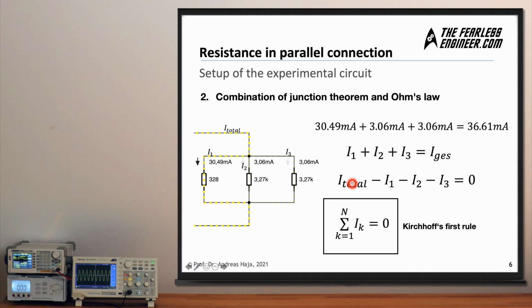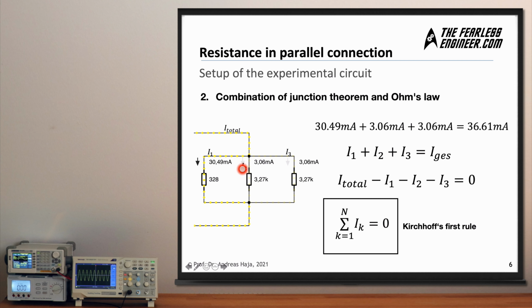This is the application of the junction rule to the node K1, or to the junction K1 here at the top. And this can be used in order to get to a derivation of the total amount of resistance of this parallel configuration. And if you recall the video on Kirchhoff's first rule, this is the mathematical formulation of the law. The sum over all currents entering and leaving a node must be equal to 0.